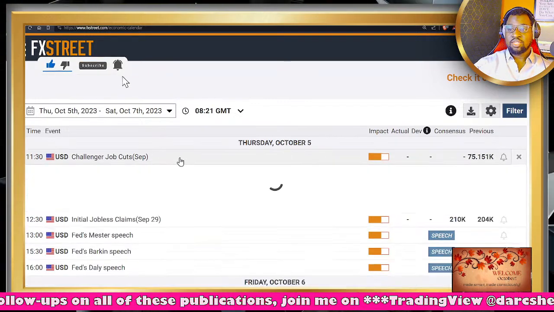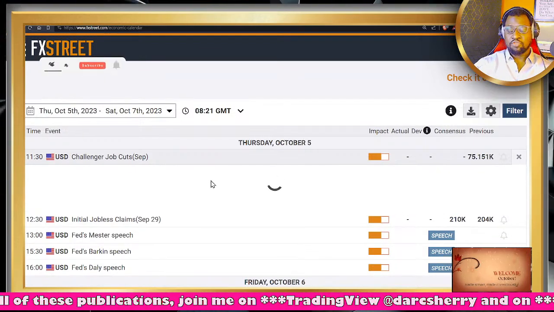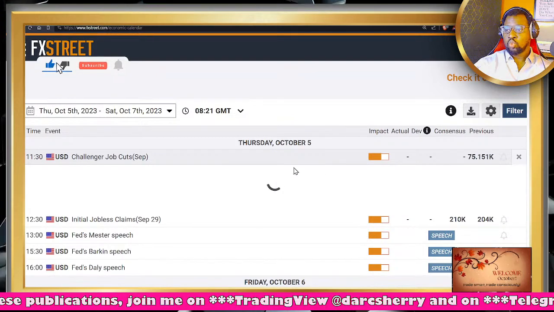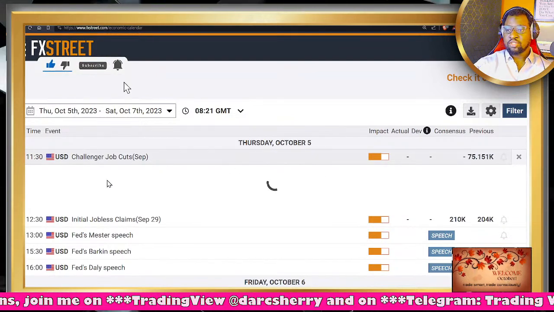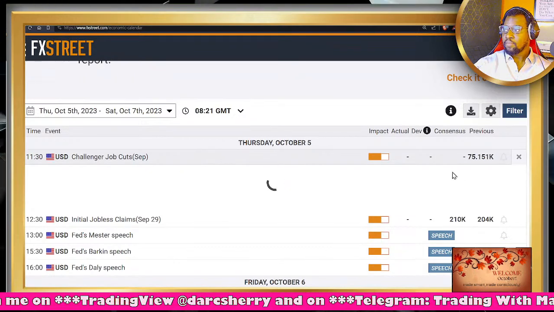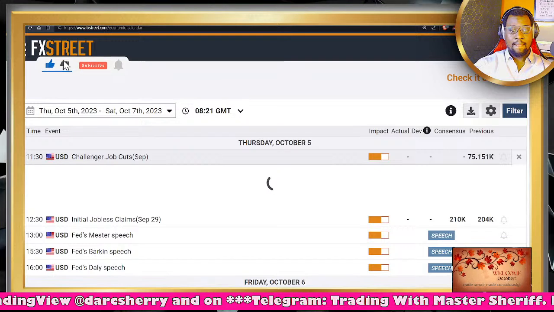Now let's look at what the Challenger job cut is. So it's data from the labor sector, of course. And for those who don't know what this event is all about, I'm trying to load up the, hold on a second, I'm not sure why.